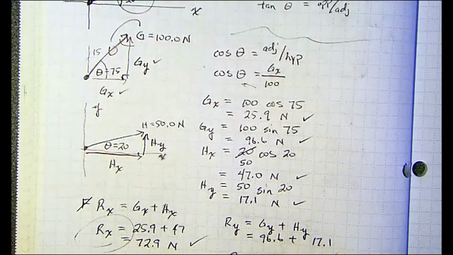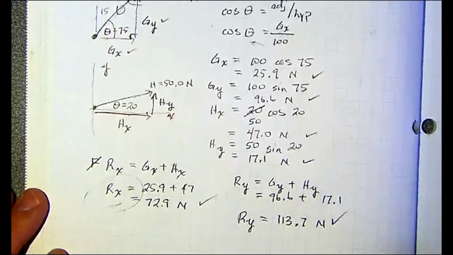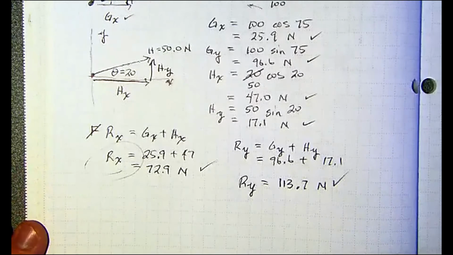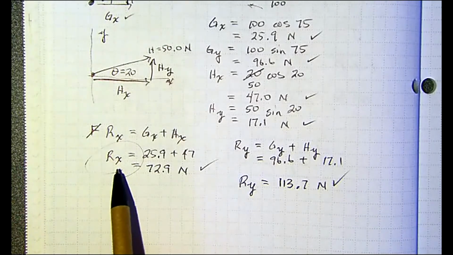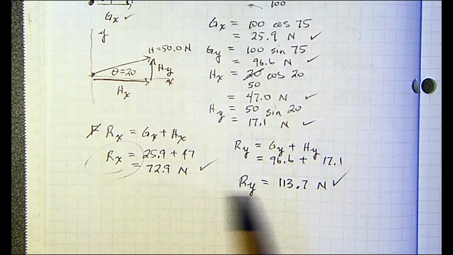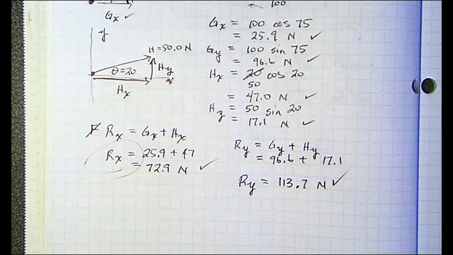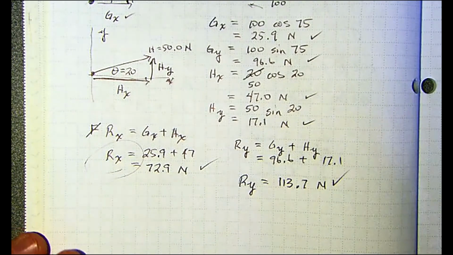We took two forces, G and H, and resolved them into their components. Then we used those components to add up all the X components, which gave us the X component of the resultant, and all the Y components gave us the Y component of the resultant.